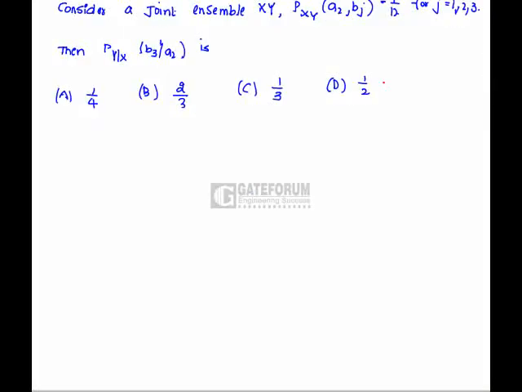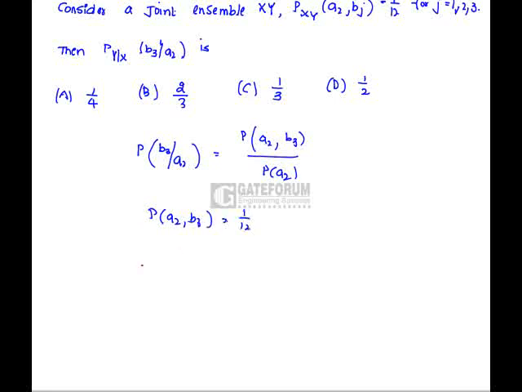Consider a joint ensemble p of x y of a2 comma bz equals 1 by 12 for z equals 1, 2, 3. Then the conditional probability p y by x of b3 by a2 is, here, b3 by a2 is nothing but probability of a2 b3 divided by probability of a2. Here probability of a2 b3 is 1 by 12.